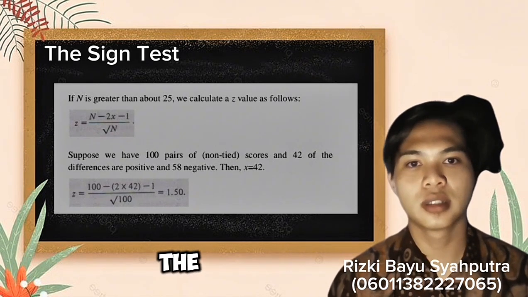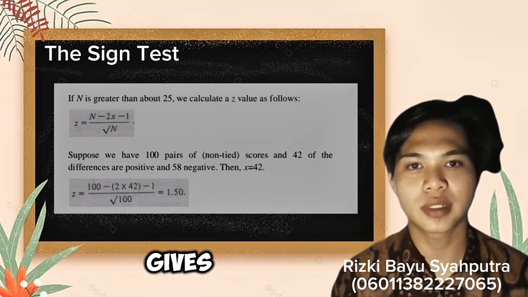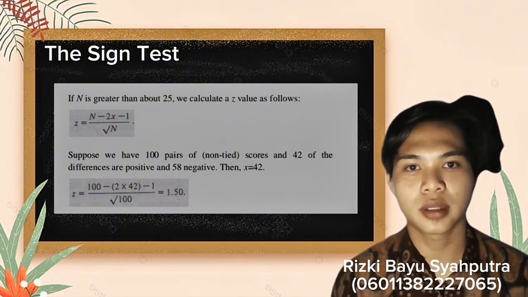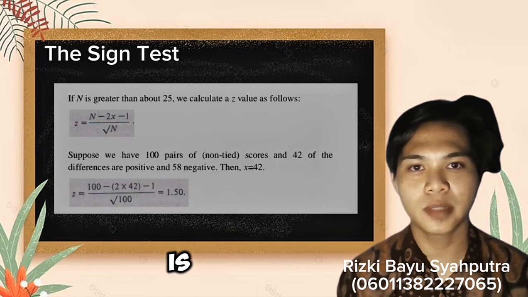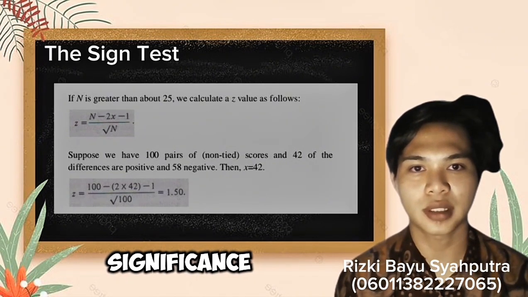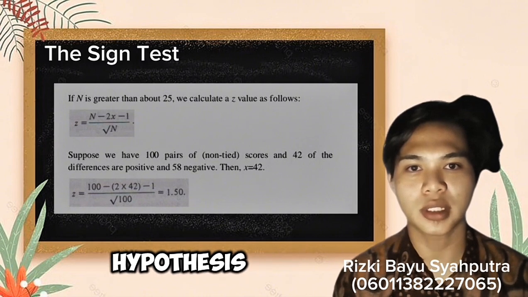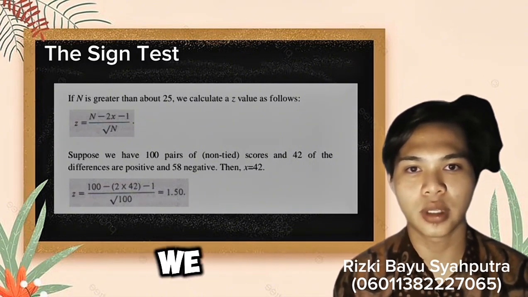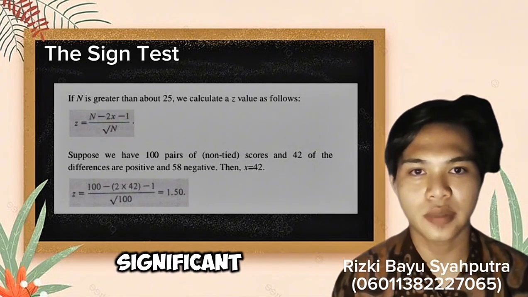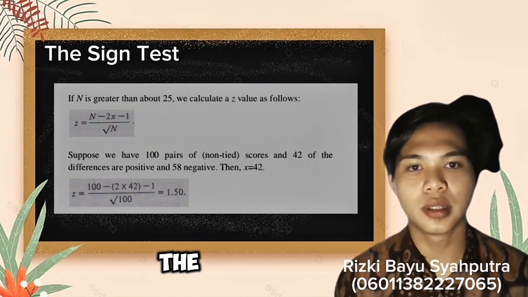Plugging the numbers into the formula gives us a z value of 1.15. This z value is below the critical value for 5% significance. So the null hypothesis is retained, and we conclude that there is no significant difference between the two datasets.